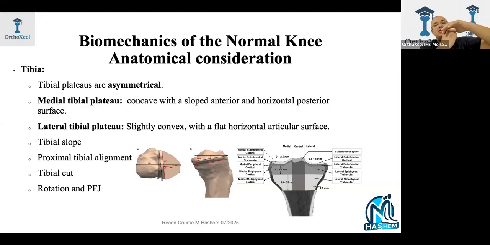So the tibial tuberosity is moving in. So you are actually moving the line of pull of the quadriceps in. So you're maintaining better tracking of your patellofemoral joint. And this is a very important point. That's why you have to externally rotate your tibial component, to maintain enough internal rotation of the tibia or the tibial tuberosity to maintain good tracking of your patella.